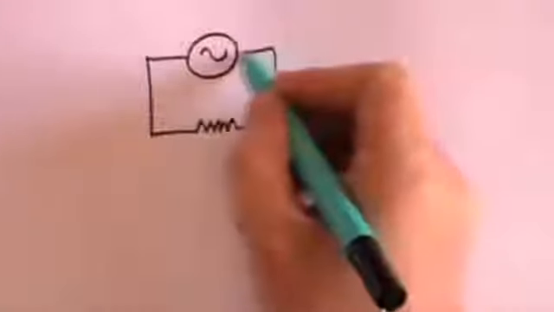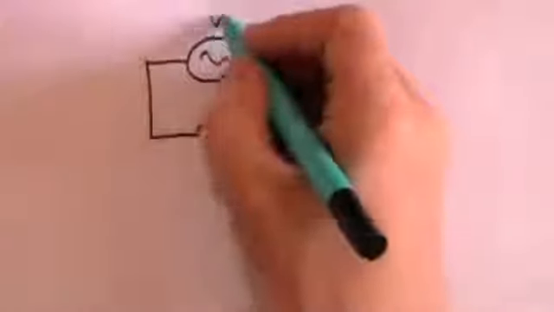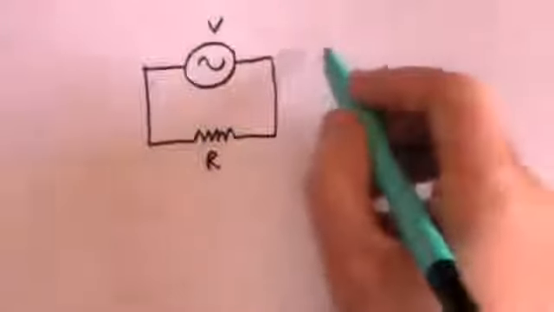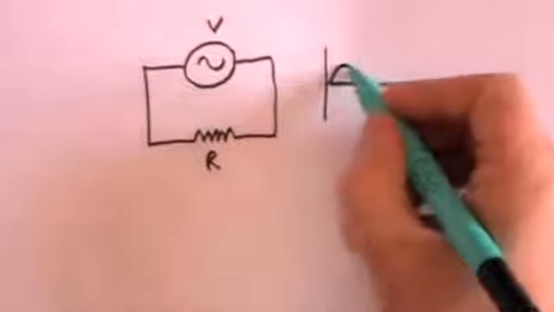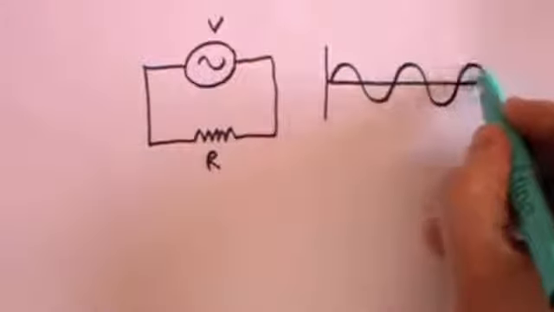So let's, instead of using a battery, put an alternating current source in a circuit. Here is my resistance, that's R, and here is my voltage supply, which is an alternating voltage supply. And what we now know is that that will produce an alternating voltage which goes as a sine wave, constantly up and down.